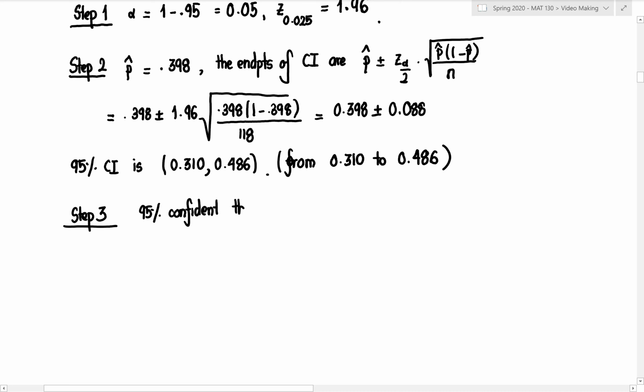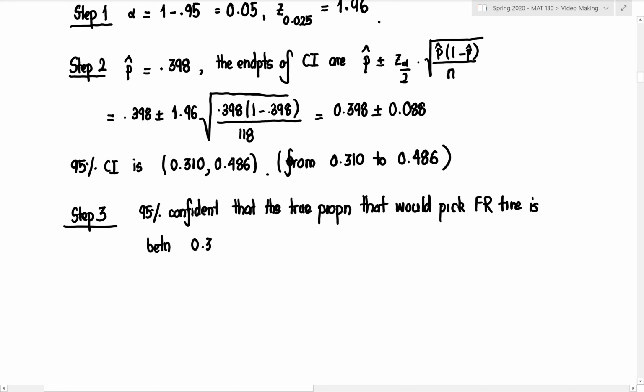that the true proportion of the population that would pick the front right tire is between 0.31 and 0.486.